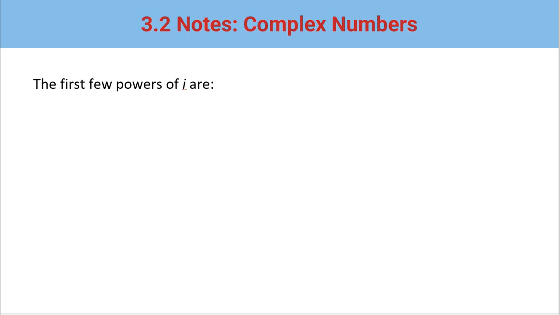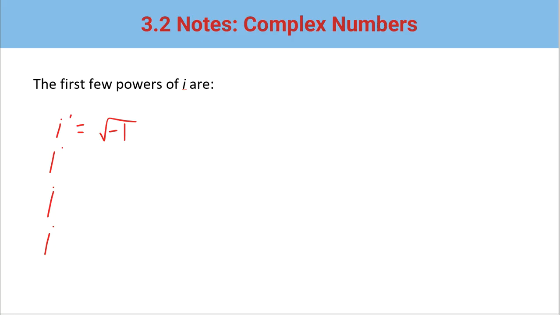So the first few powers of i. Let's talk about this for a second. Let's go through i to various powers. So i to the first power, or just i, is equal to the square root of -1. We just learned that on the previous slide. That is the definition of the imaginary unit.